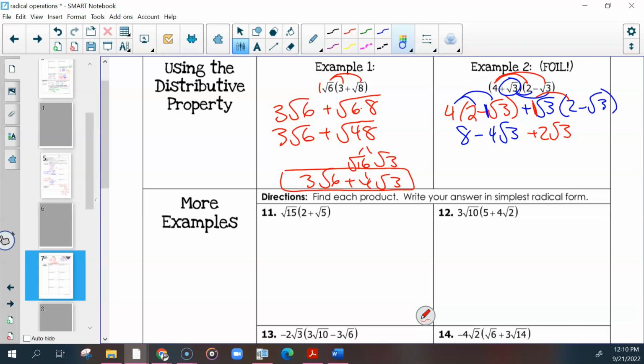But here, I'm multiplying the radicals together underneath the radical. So we have to keep track of what numbers we're multiplying and where. Outside things together, inside things together. Inside the radical together, outside the radical together.